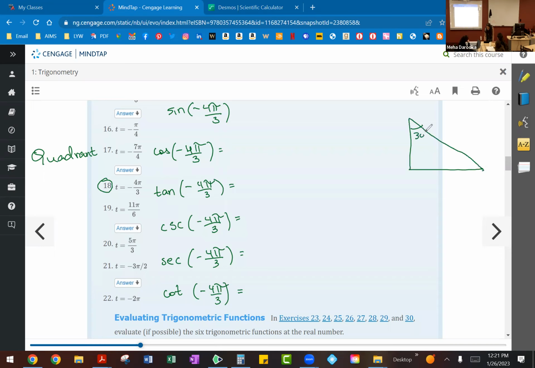You would have 30° here, 90 here, 60 here, which means opposite would be 1, hypotenuse is 2, and the square root of 3. So your central angle would be the 60°.